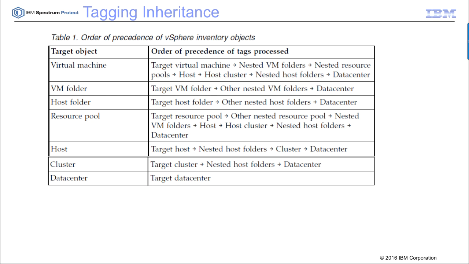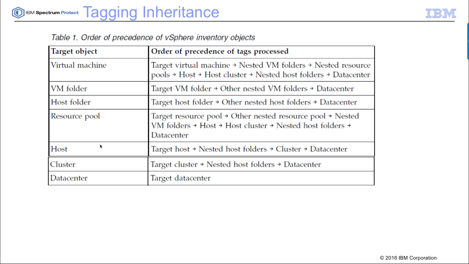Now, in order to do this, we're going to use inheritance of the tags in VMware. Now, from an inheritance perspective, tagging works just like you might expect. There's really no surprise here. Basically, the highest level object is going to be the data center object, and as you assign tags to these higher level objects, they're going to automatically flow down to the lower level objects.